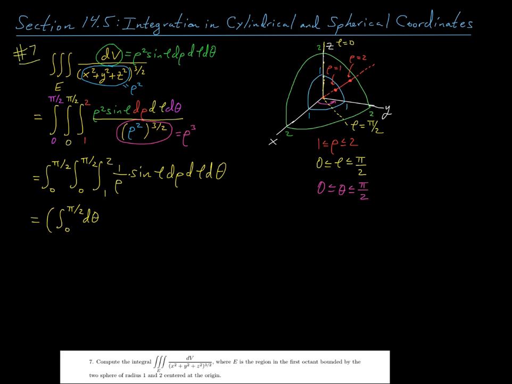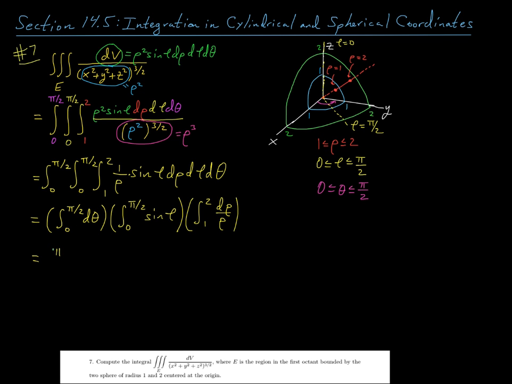The integral from 0 to pi over 2 d theta, then the integral from 0 to pi over 2 of sine phi, and then the integral from 1 to 2 of d rho over rho. Nice.